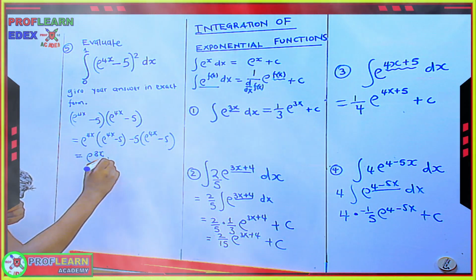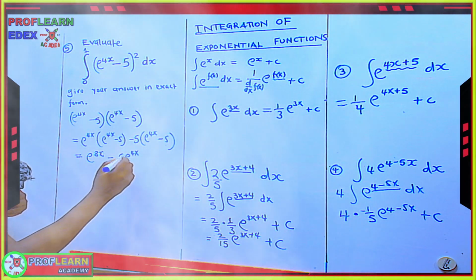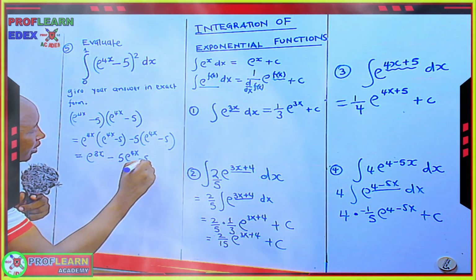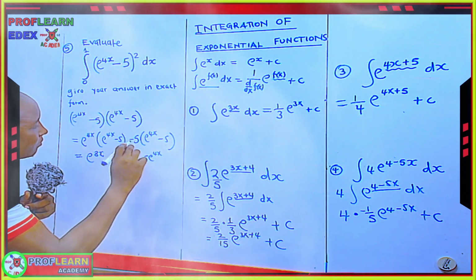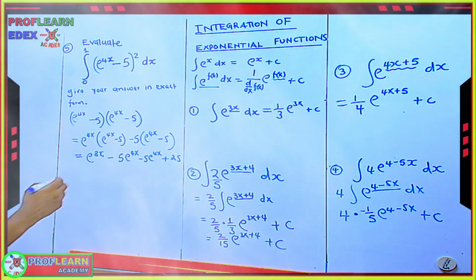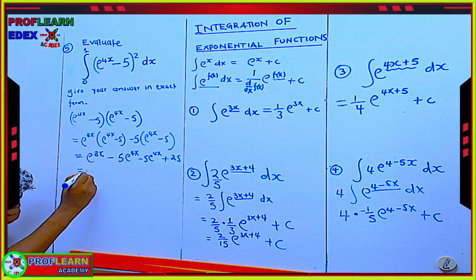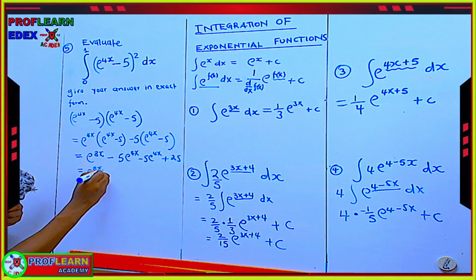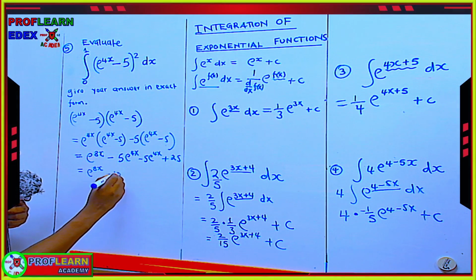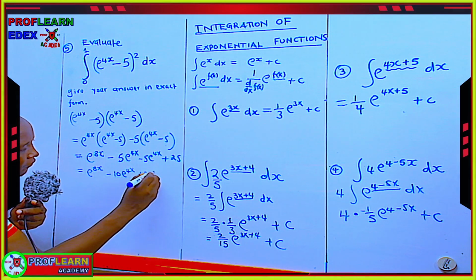This time this will be minus 5 e to the 4x. This time this will be minus 5 e to the 4x. This time this will be positive 25. Putting the like terms together, we shall have e to the 8x minus 10 e to the 4x plus 25.